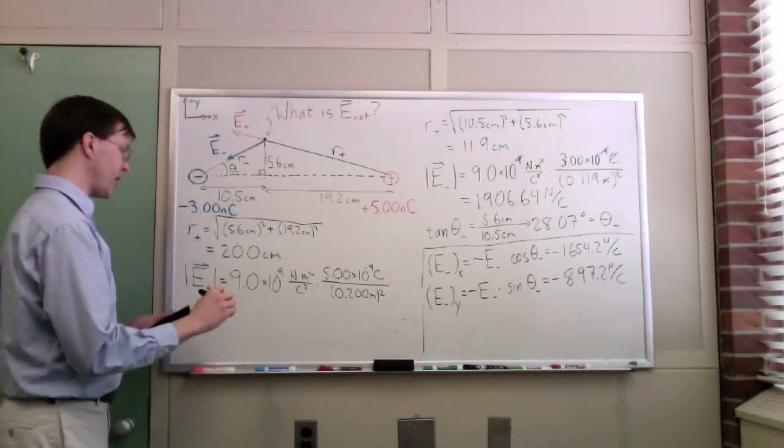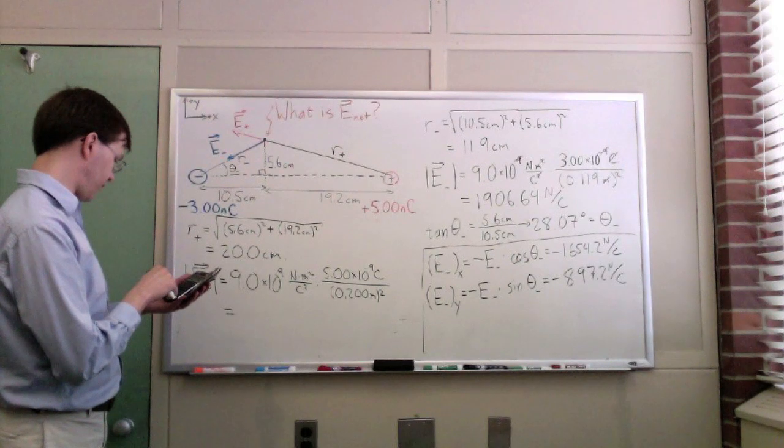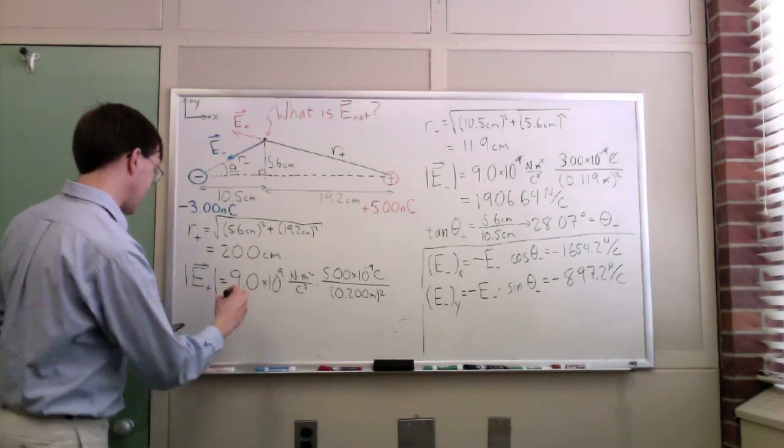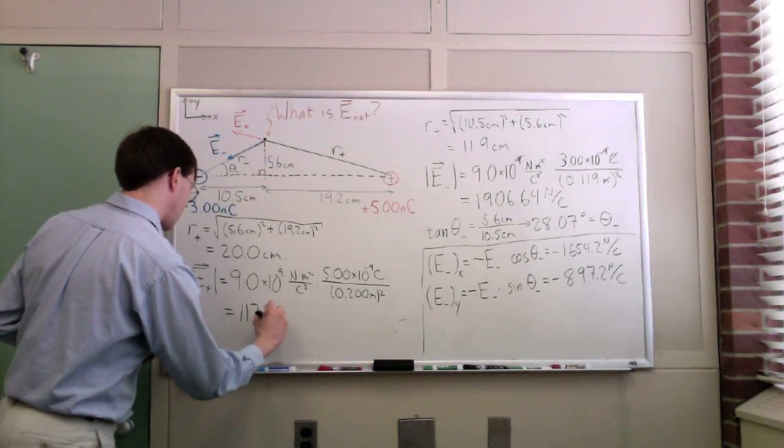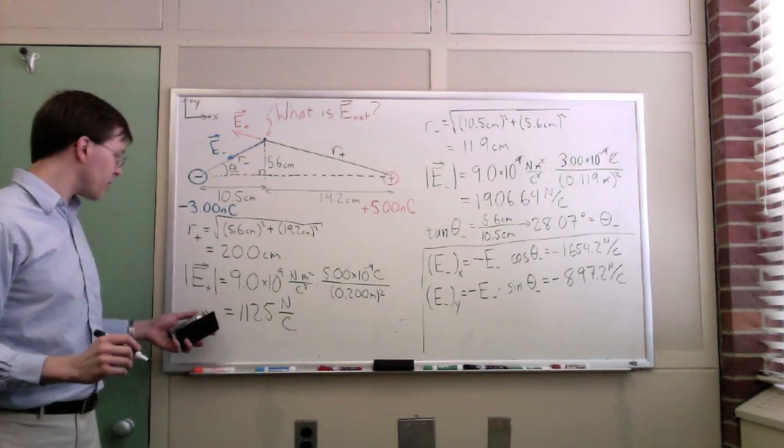I could almost do this one in my head. That's 45 divided by 0.2 squared. I get 1125 newtons per coulomb. And so that's our magnitude of this.